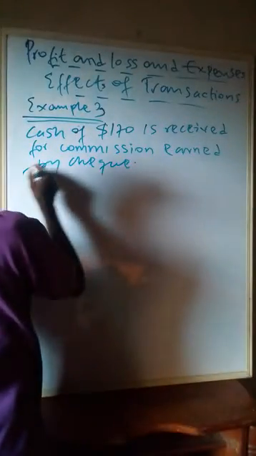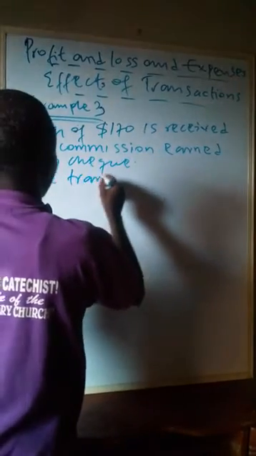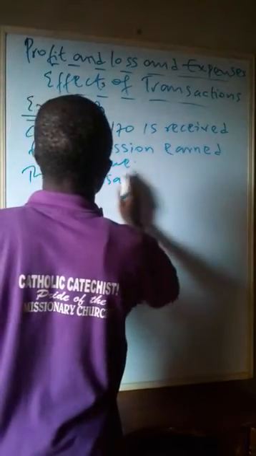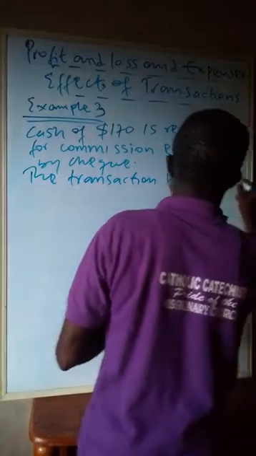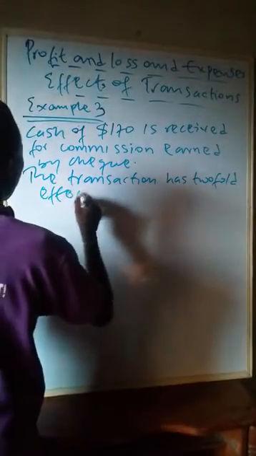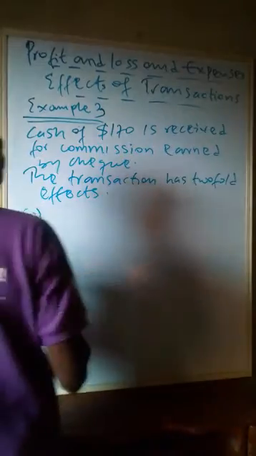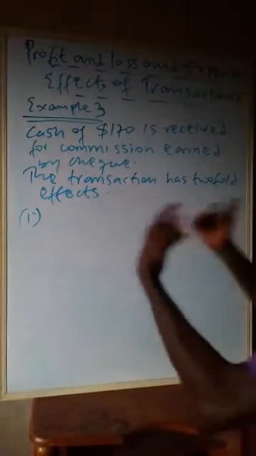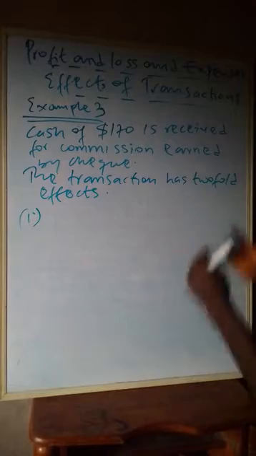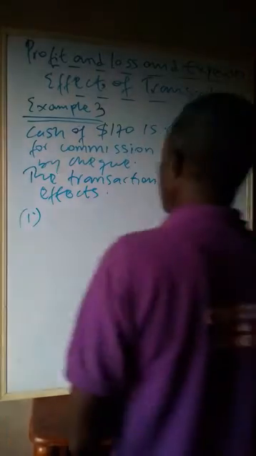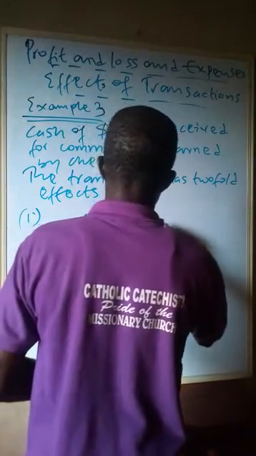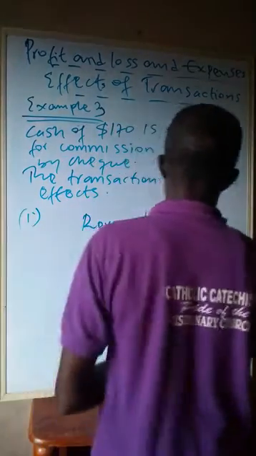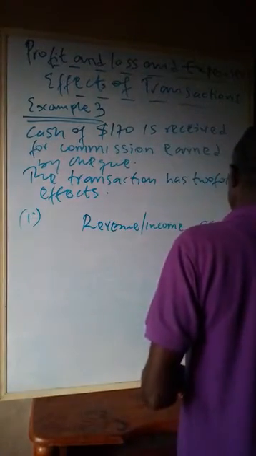The transaction also has a twofold effect. This single transaction has a twofold effect. What are they? One, this is revenue, commission earned. Like I've said in our previous video, when you have a revenue or income, the balance is a credit. The balance of revenue is credit.